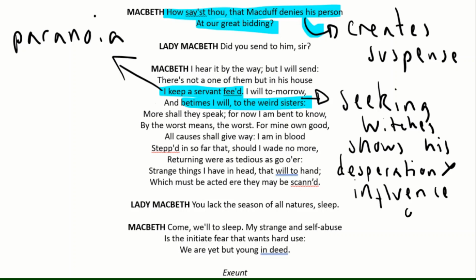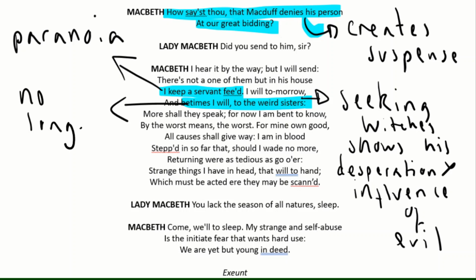As he wants more information and he knows that he can get it from seeing the witches. And this is significant because he's no longer concerned. Again, pause if you need a second. He's no longer concerned about the witches and what they bring.